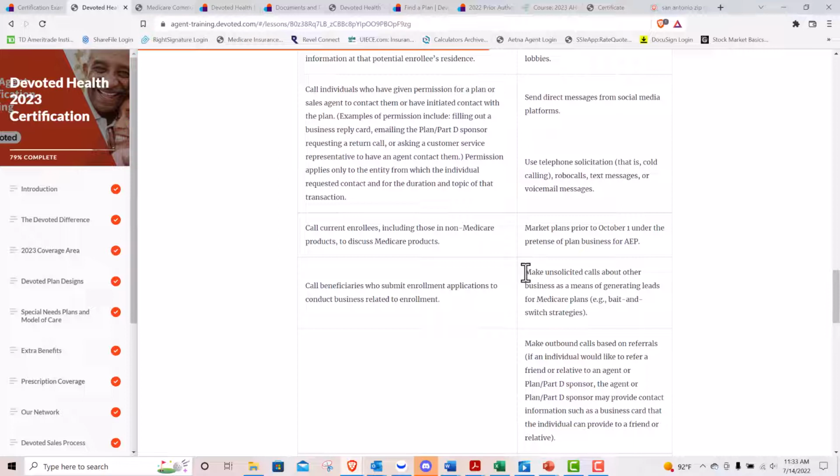You could ask them about their current dental coverage, and if it tends to be a Humana dental rider or whatever, and they, for whatever reason, ask you about your Medicare plans, you can then say, well, I am a Medicare agent, but I'm here to talk about dental. If you want me to talk about Medicare plans, I have to have you sign a scope of appointment, because this meeting was generated from me coming over to talk to you about dental, not for Medicare. So I have to make that distinction. If you do that, then it's A-okay.